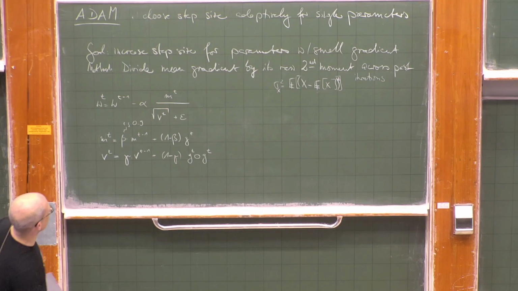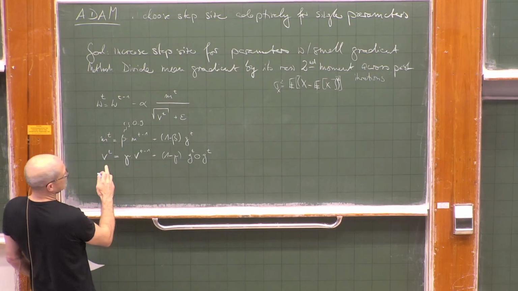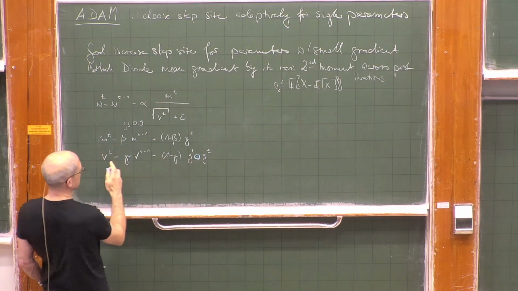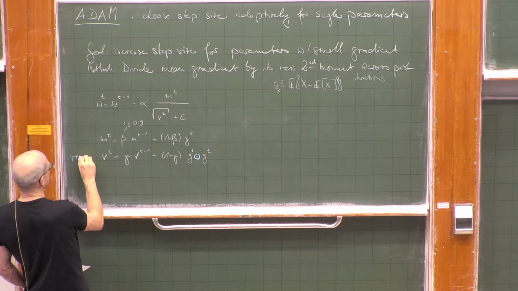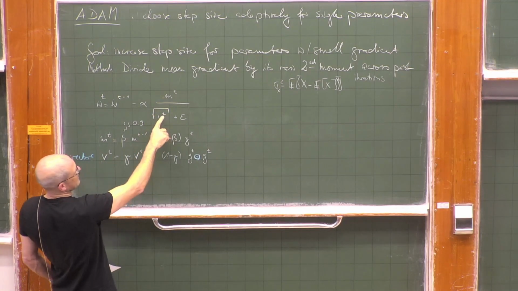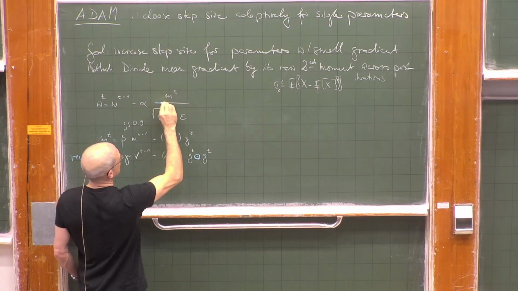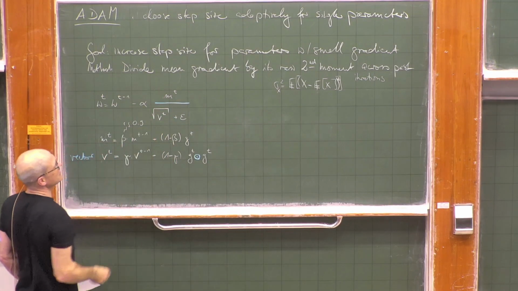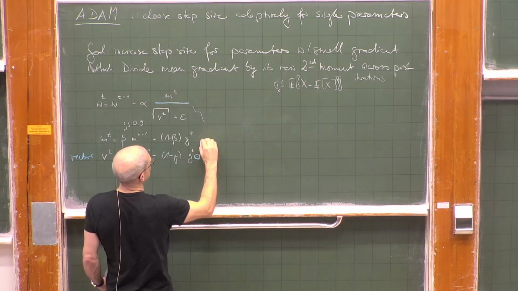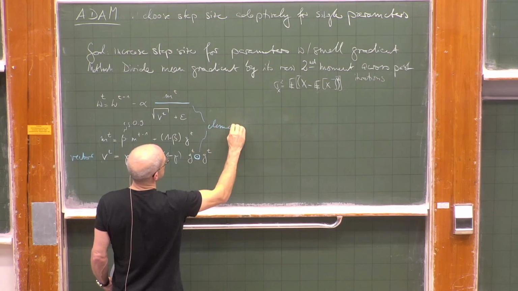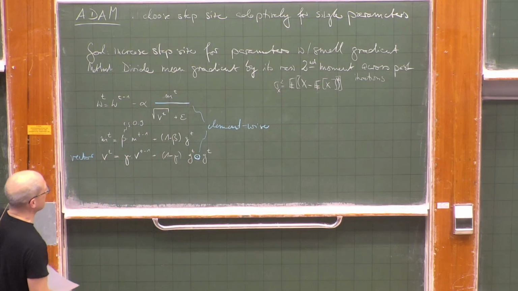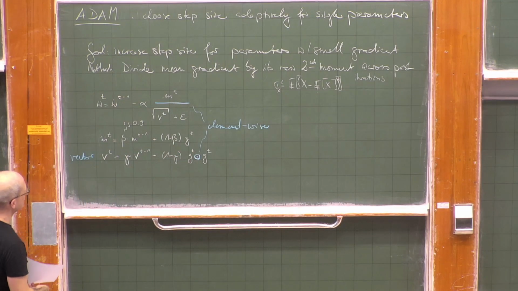Using a different color here, this operation here is element-wise. So as a result, this thing here is a vector. And that thing was also a vector. And well, that means that this division here is also considered an element-wise operation, so that I get out a vector in the end.